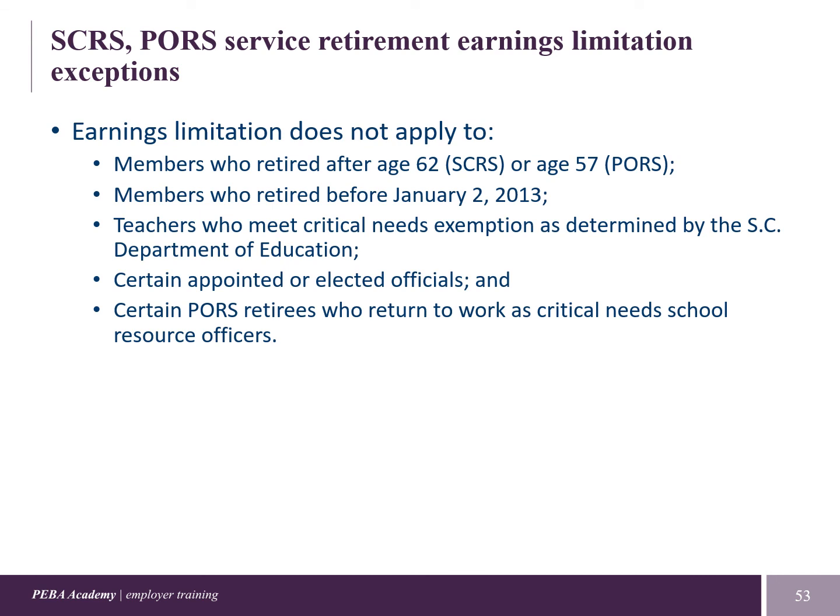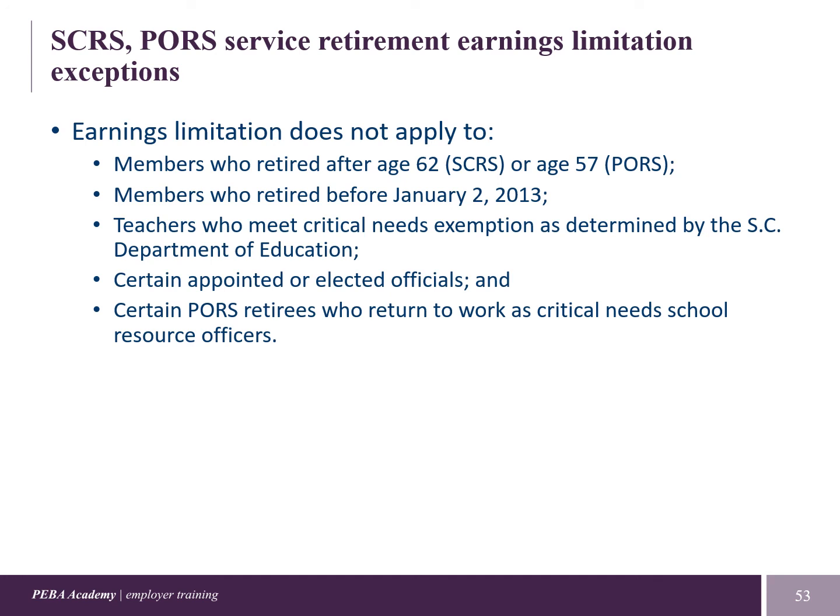There are a few exceptions to the working retiree earnings limitation. SCRS members who retire after age 62 and PORS members who retire after age 57 are exempt from the earnings limitation. Members who retired prior to January 2nd, 2013 are also exempt.